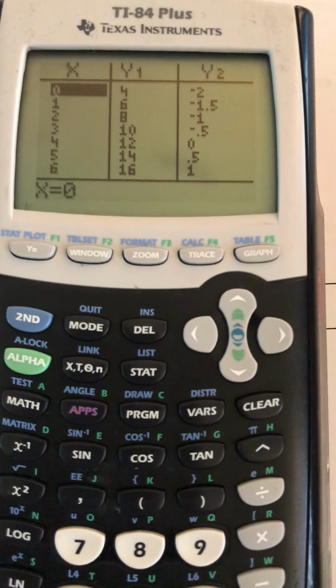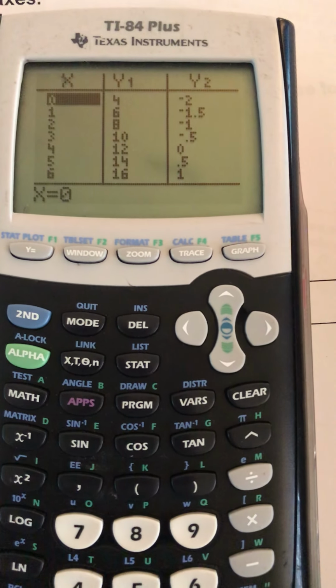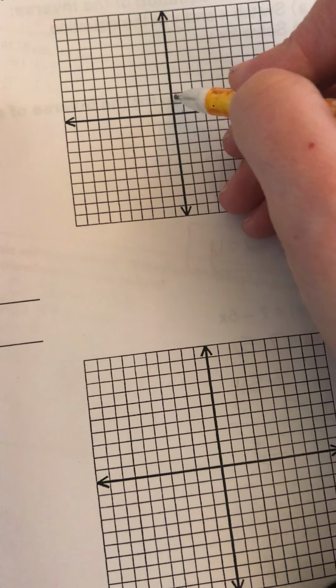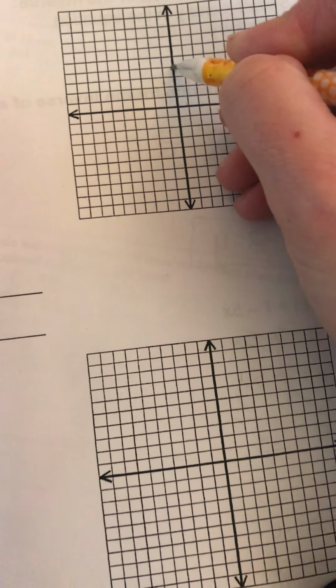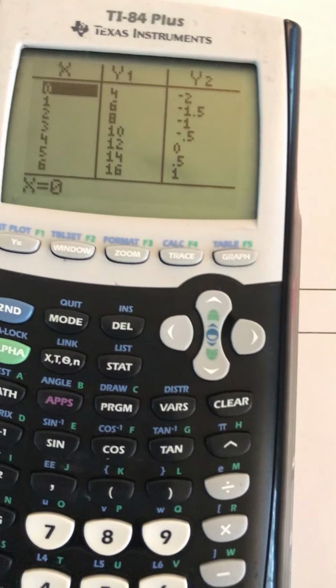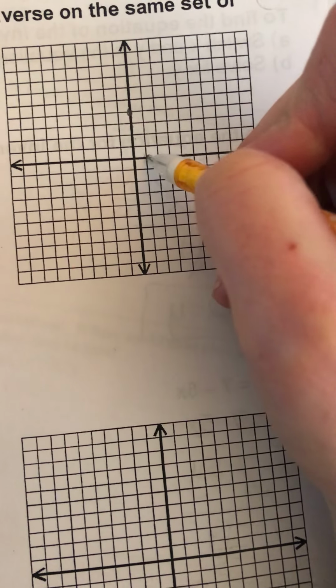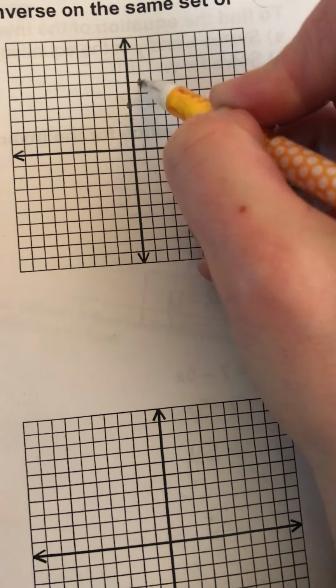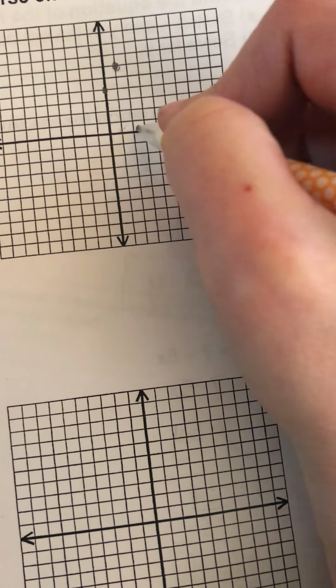So 0, 4. That's your y1, which is your graph. 1, 6. So now I'm going to go 1, and 1, 2, 3, 4, 5, 6. And then it says 2, 8.